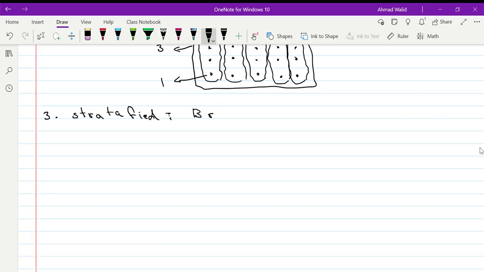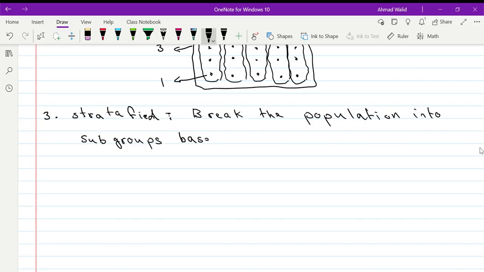What we do here, break the population into subgroups based on a characteristic, correct? Then sample each subgroup.